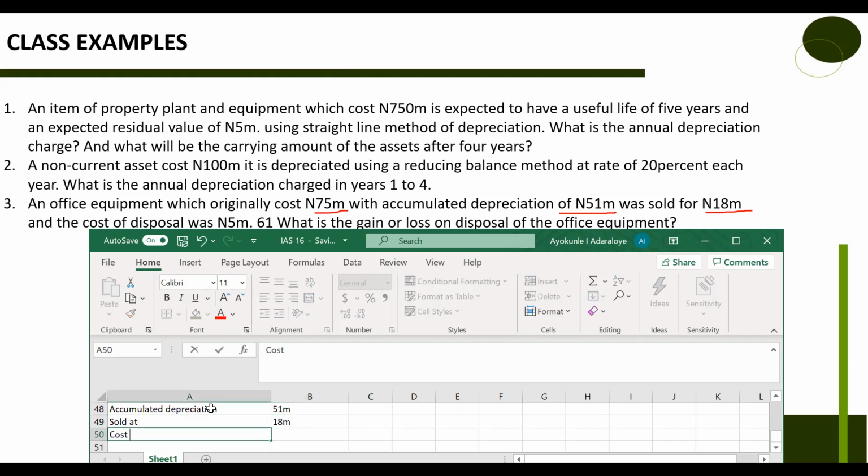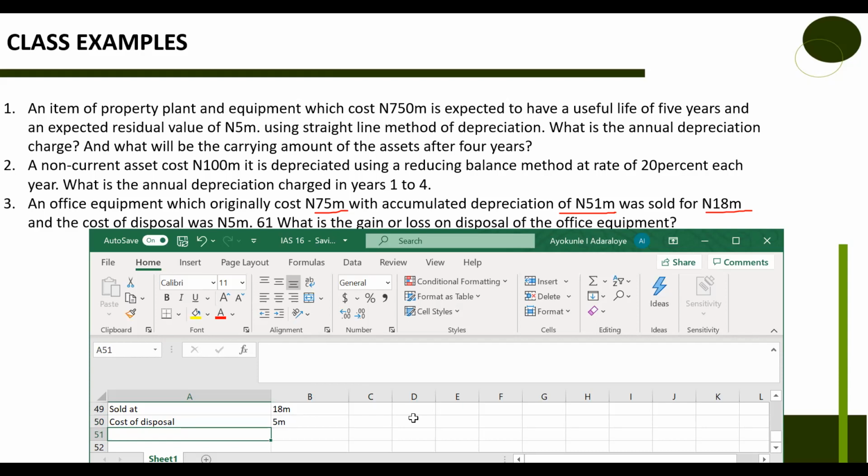And the cost of disposal. You know what they call cost of disposal? Anything you don't know, always ask me. What's cost of disposal? I will explain.